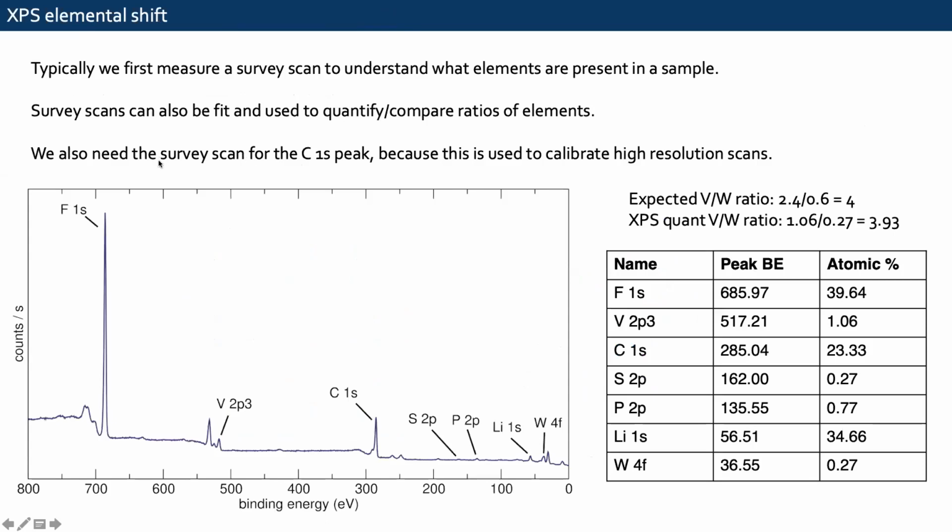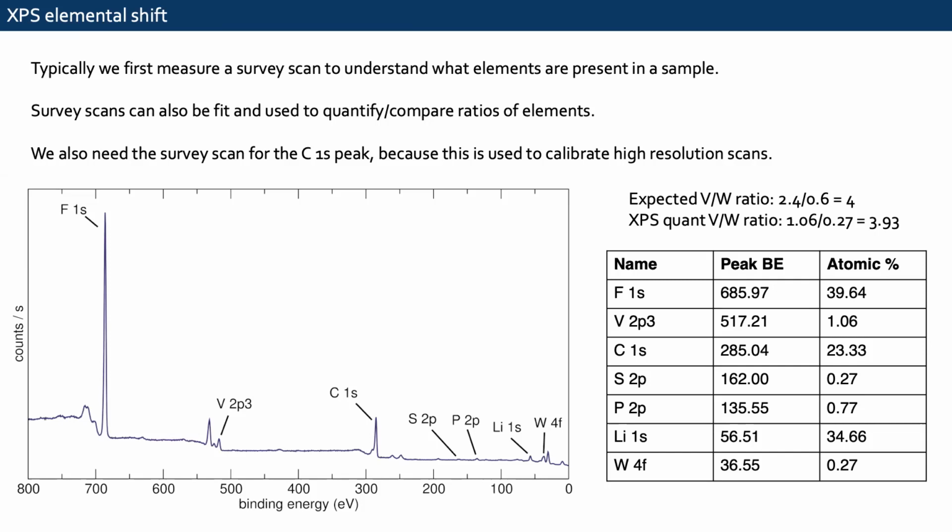Usually the first thing you measure when you measure a sample in XPS is a survey scan. This is sort of an eagle's eye view to get an idea of what constituent elements are in your material, and you can also quantitatively get the ratio between elements. What this won't tell you, because it's not high enough resolution, is a precise understanding of the chemical bonding environment.